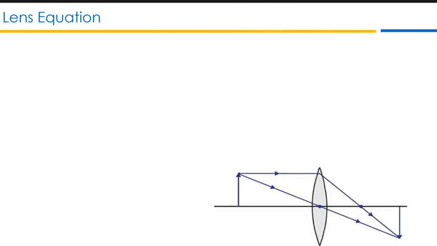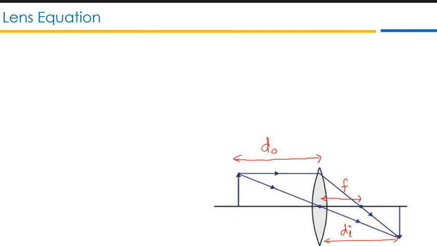Let's consider a lens of focal length f. So this is the focal length. From here till here, we call the distance of the object from the center of the lens DO, and the distance of the image from the center of the lens is DI.